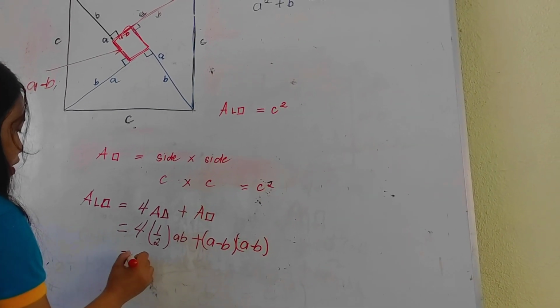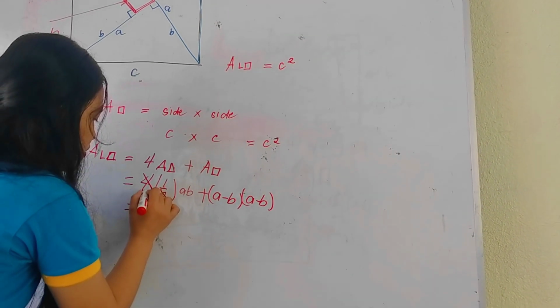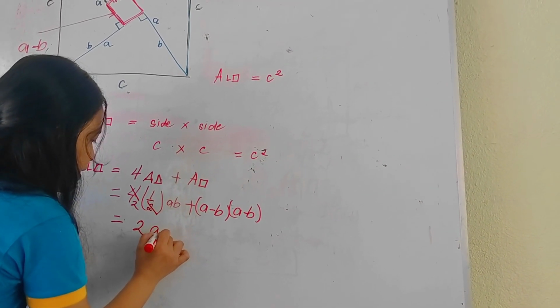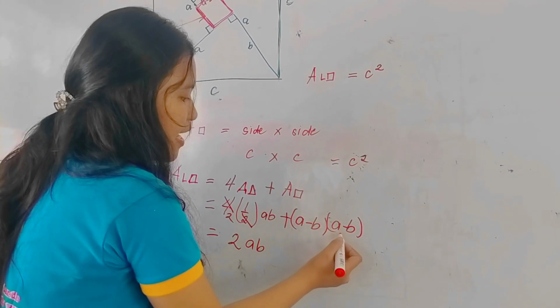Next, we will work this out. So 4 times 1/2 AB cancels to 2AB. We will multiply A minus B times A minus B.